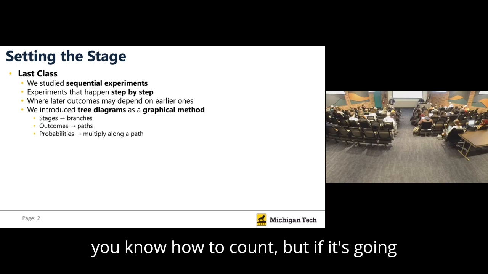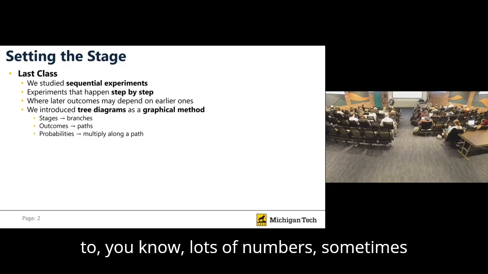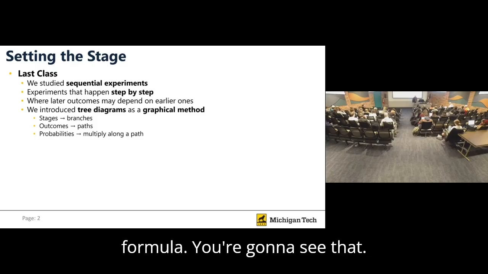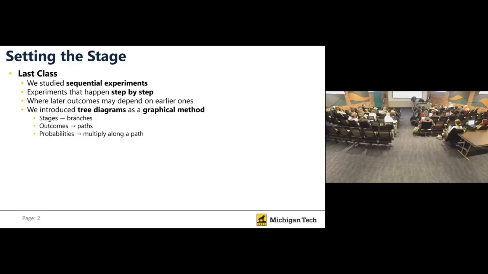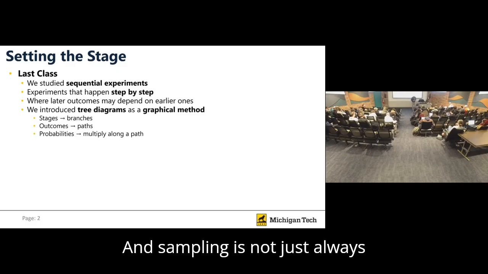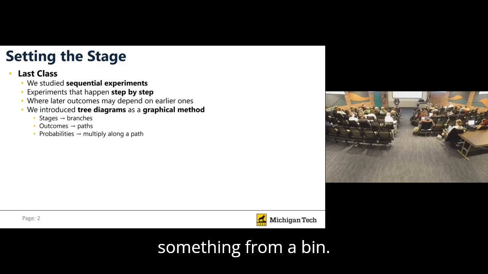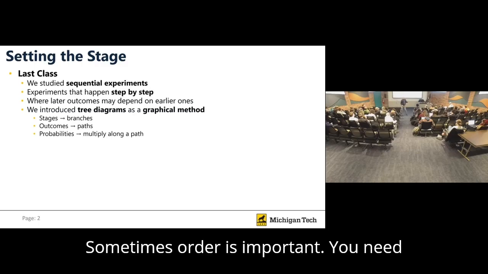Of course, you know how to count, but if it's lots of numbers, sometimes counting needs to be modeled with a formula. You're going to see that. And sampling is not always easy, just randomly taking something from a bin. Sometimes order is important.